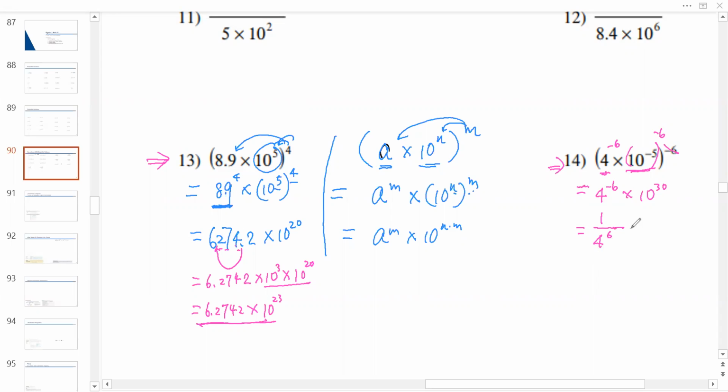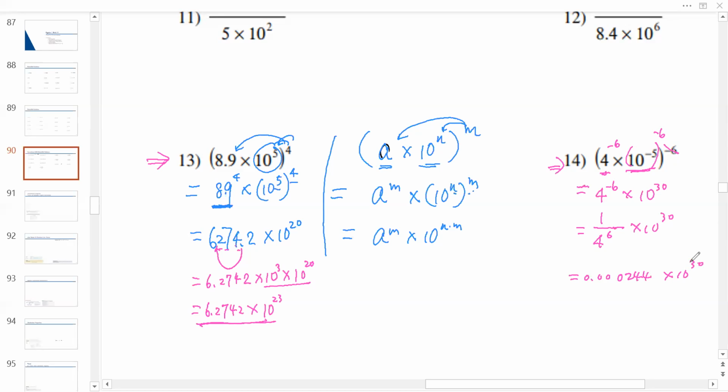Did you get the results? 1 divided by 4096 equals 0.000244 times 10 to the power 30.